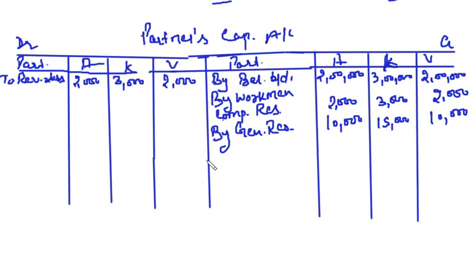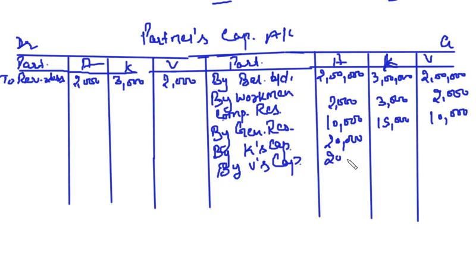Now we will say by K's capital 20,000 and by V's capital 20,000. Clear, friends?